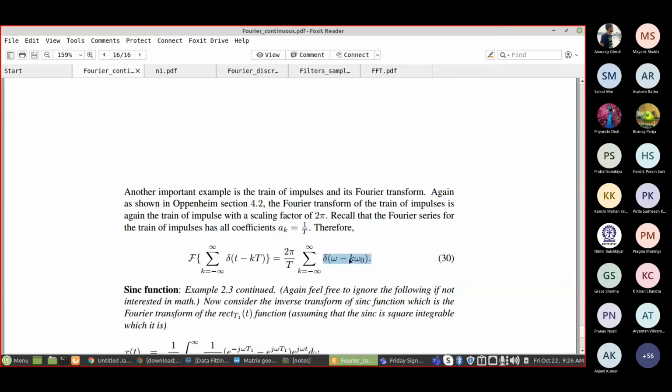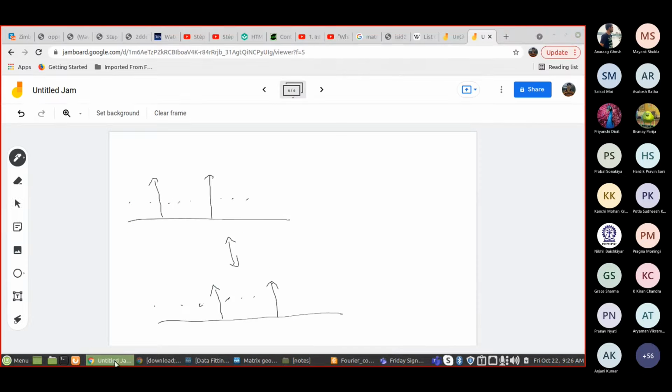And here the shifts are integer multiples of omega naught. Omega naught is 2 pi over T.